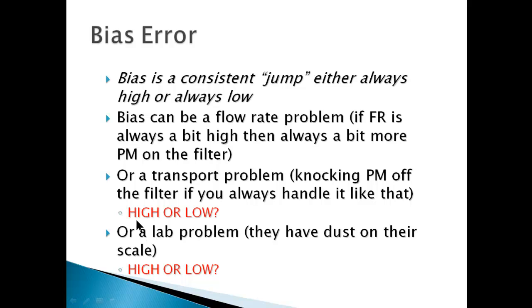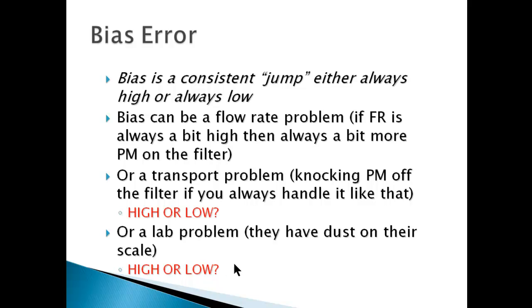Or could a lab problem cause bias error? If they have dust on their scale and they don't tare their scale before they start, would that cause a high bias or a low bias? Well, depending upon how they do their math, that could cause either high or low. They could get confused about whether they tared it with the dust on and then they clean it.